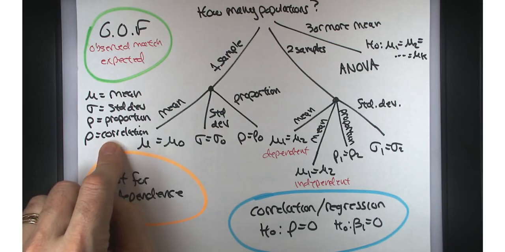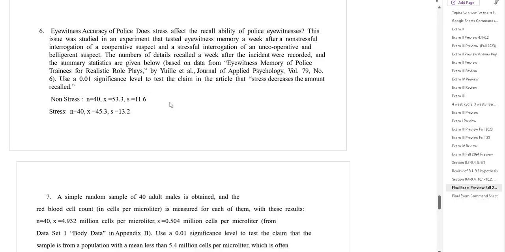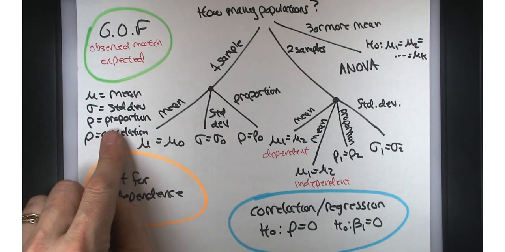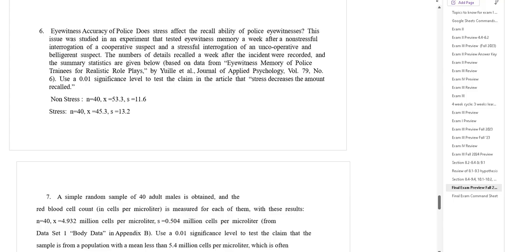In fact, technically these would be independent. These are going to be different groups. Are you talking about a proportion? Is this talking about the proportion of people that recalled information? No. You're not talking about variability in any way. So that leaves you with one thing left, and that's mean.